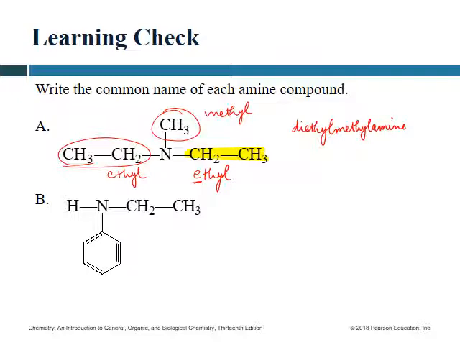Okay. How would we name this in the IUPAC system? Find one long chain, right? So this would be, let's say, my long chain. I regard this as my long chain. So this would be 1, 2. So the name would be, perfect, ethanamine. Now I need to name my substituent, which is ethyl and methyl. Where is it?